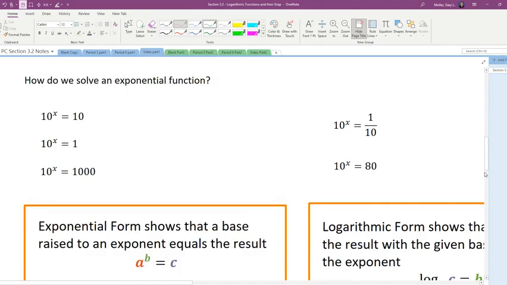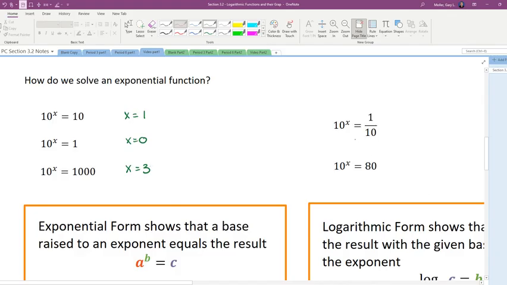Okay, so how do we solve an exponential function? So 10 to the x equals 10, and all we would do to solve that is just think it through. And I know that x equals 1, because 10 to the first is 10. 10 to what power is 1? That would have to be 0. 10 to the third.